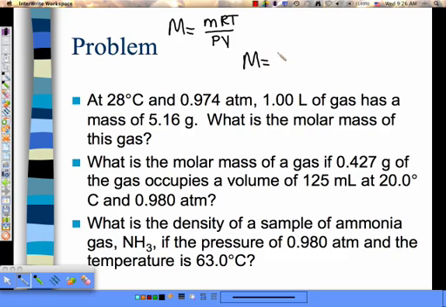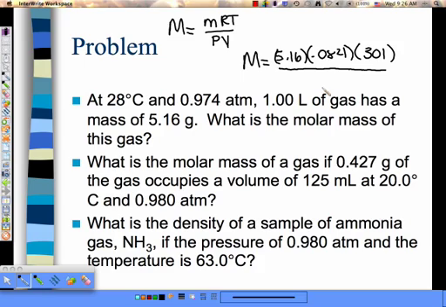What's the mass of our gas? 5.16. R is 0.0821. Our temperature: do we need to change it to Kelvin? Yes, we need to change it to Kelvin, 301. Since we're using R, remember the units for R have Kelvin in them.